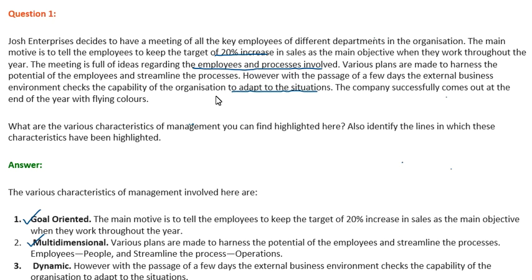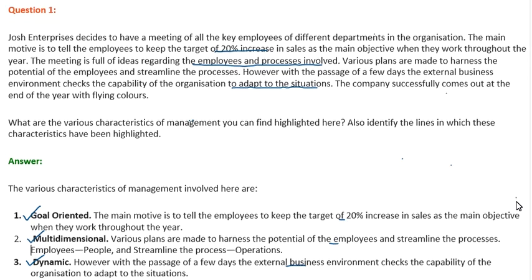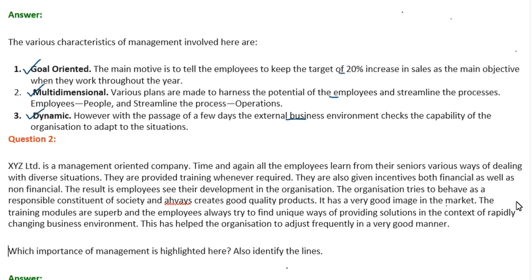The third one is they are trying to adapt to different situations, which makes the organization dynamic. So these are the lines which are quoted from the chapter and written in the answer along with the subheads. So let's quickly go ahead with the further question.